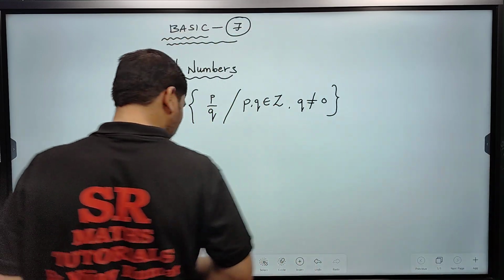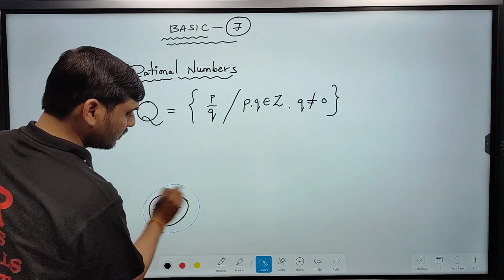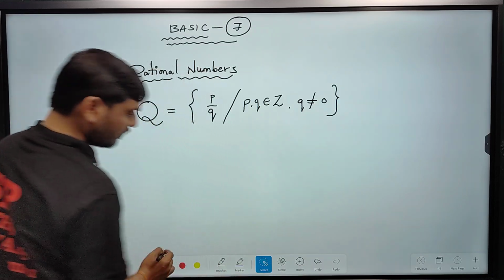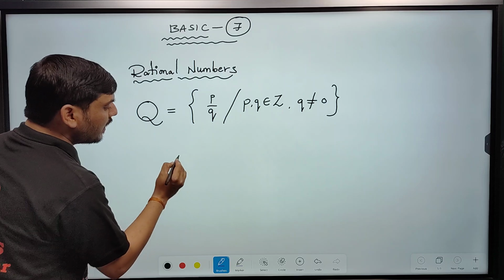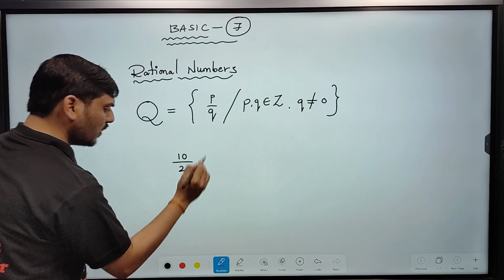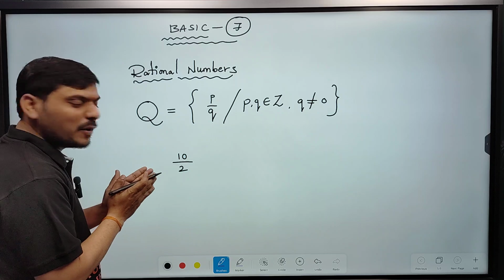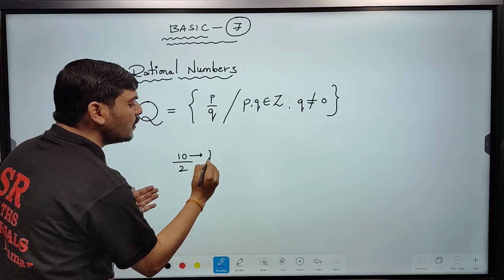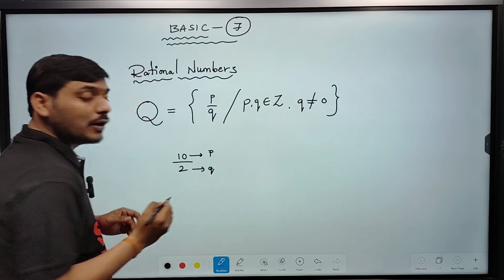For example, I explain here. 10 by 2. What is the answer, students? 10 by 2 is in the form of P by Q, because the P value is 10 and the Q value is 2.